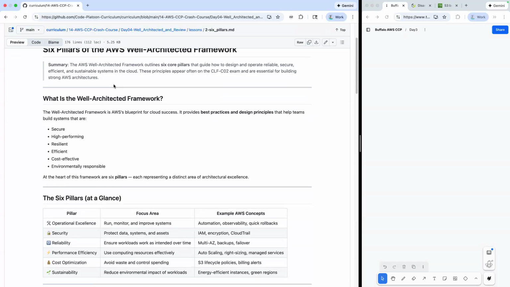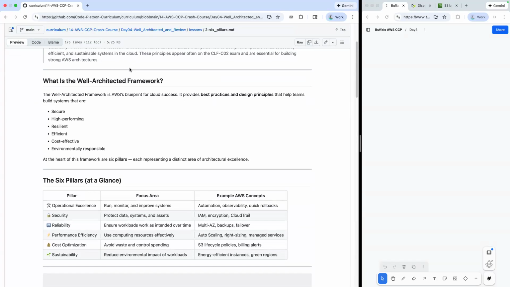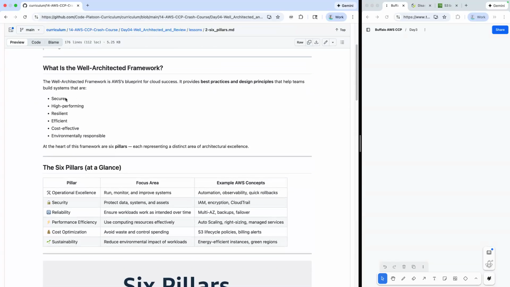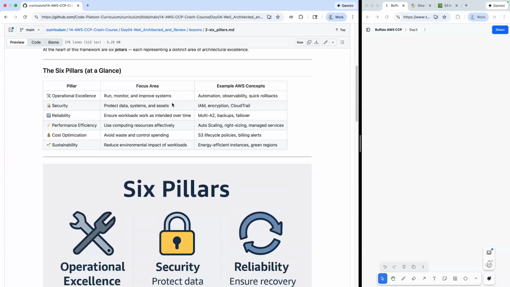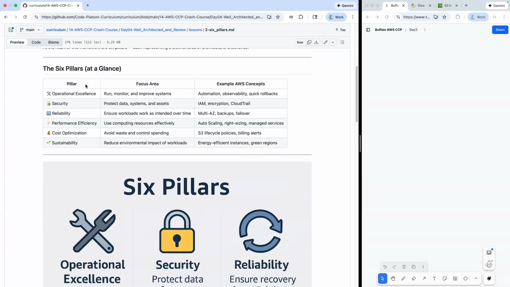So this well-architected framework, it's got six pillars. The pillars are operational excellence, security, reliability, performance efficiency, cost optimization, and number six, sustainability. These are best practices and design principles. They're not rigid rules. So just to look at them at a glance, pillar number one, operational excellence.